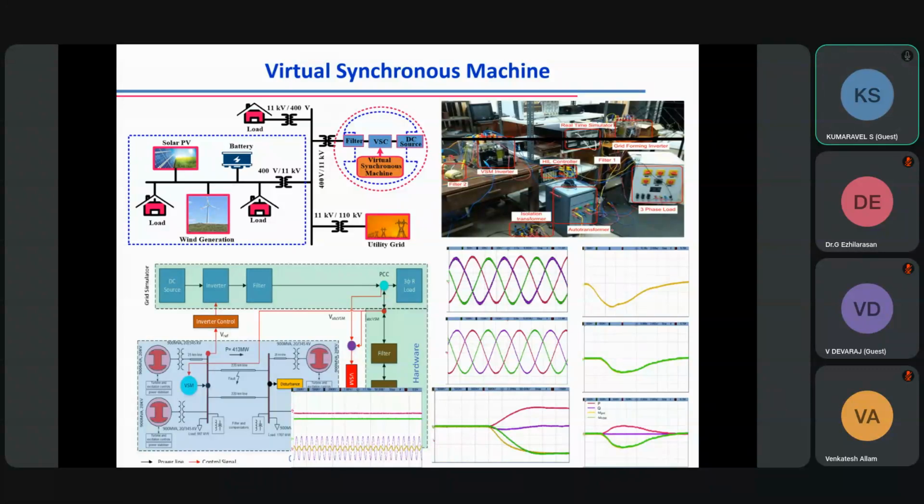So I request each and every one of you, if you are a researcher, try to identify a problem at the grassroots level. It doesn't matter whether it is a power system problem or a power electronics problem or anything. Try to learn the conventional mathematical approach and the mathematical control technique or any conventional system, and identify a research gap or shortfall or scope for further research, and approach it with an AI technique, any AI technique, because plenty of AI techniques are available today.